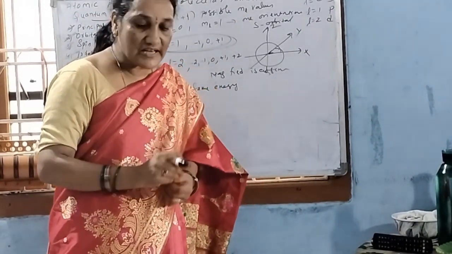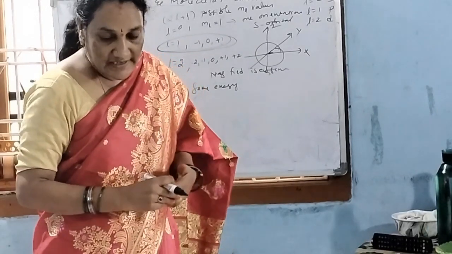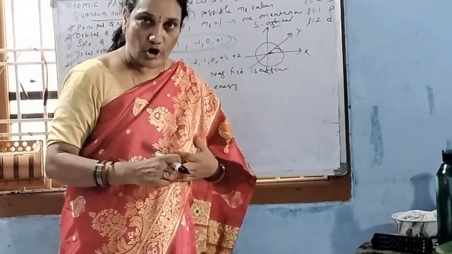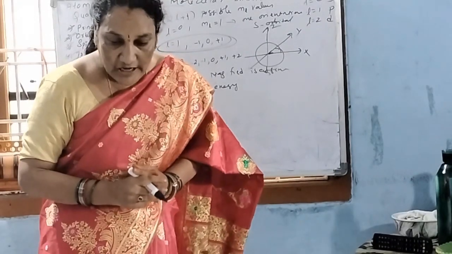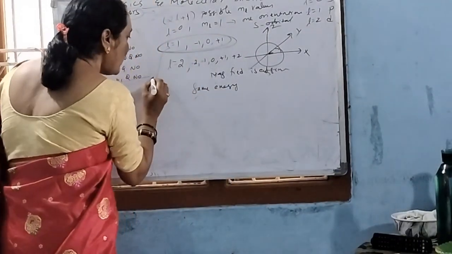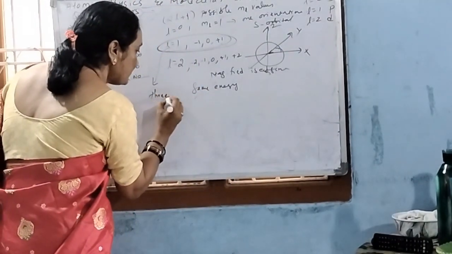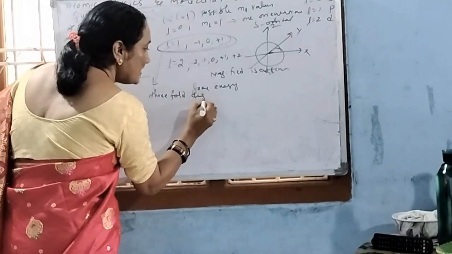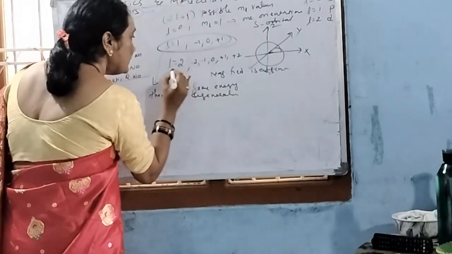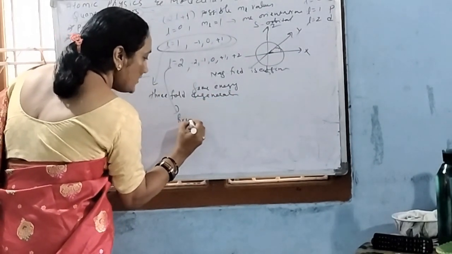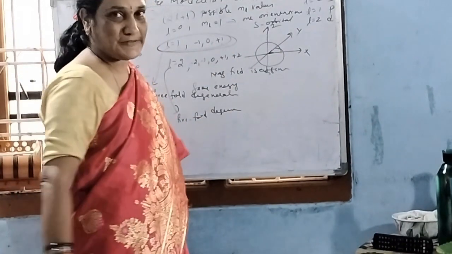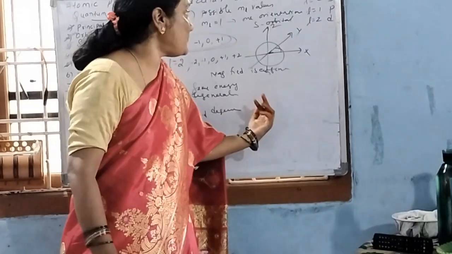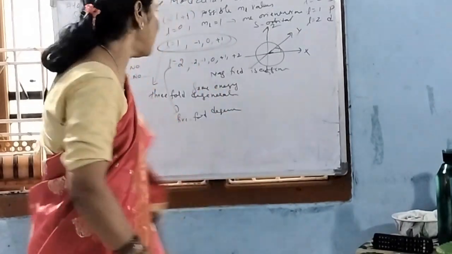The orbitals with the same energy we call degenerate orbitals. This we call threefold degenerate orbitals, and this we call fivefold degenerate orbitals. Now this is about the magnetic orbital quantum number.